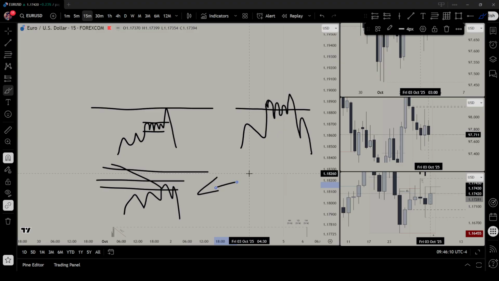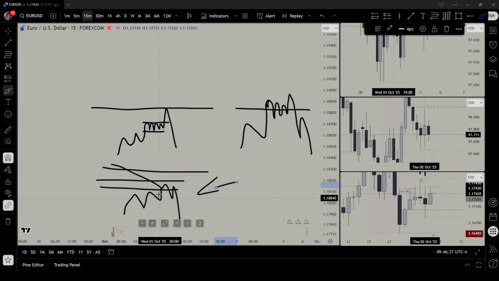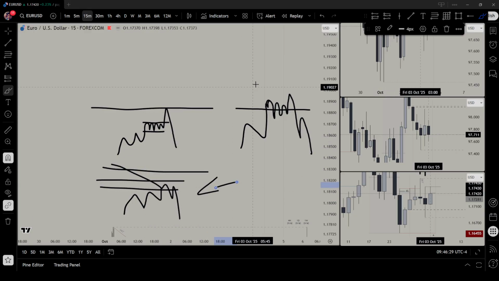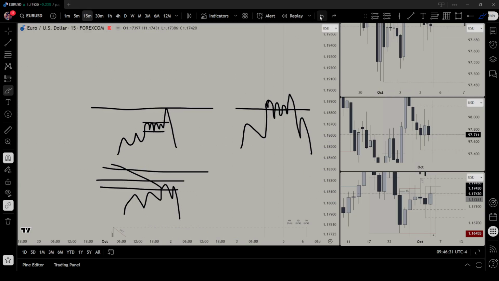As you guys know, we care about the liquidity pool rather than SMT. We want to see the cause, not the effect. The cause was this pair took it out, this pair did not, and we traded the cause, not the effect. The effect was this pair did not take it out, so this pair goes down without taking liquidity, which, if it's not the right time frame, will become false very quick, right?